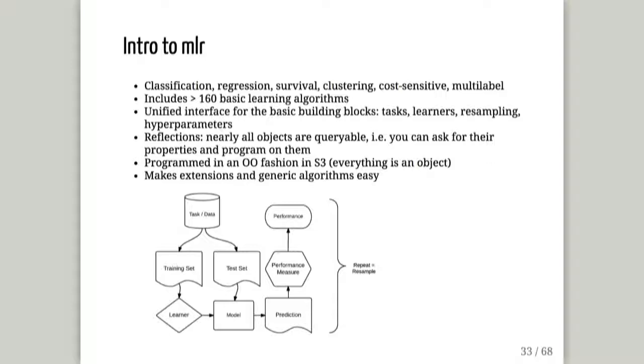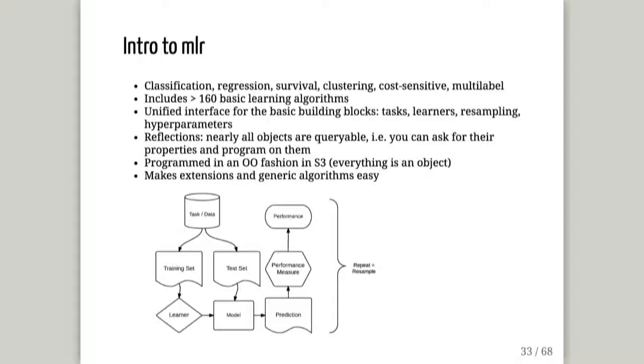There's a unified interface in the package for basic building blocks like tasks. So we are also using tasks in nearly the same manner as OpenML. A task is again data plus meta information: what you should predict and how this should be measured. Then there are learning algorithms, and that's maybe a bit different than other similar packages in R, where we are closer to stuff like scikit-learn in Python.